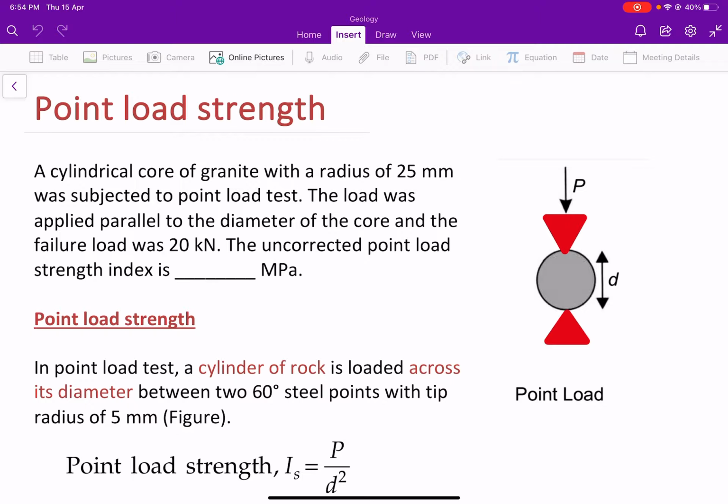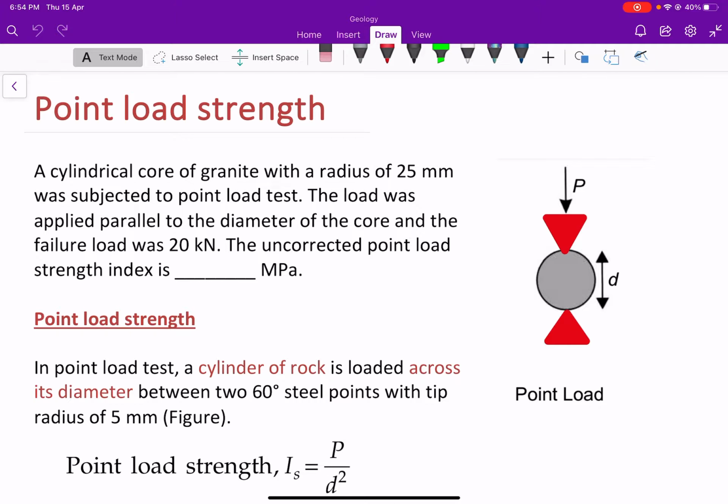In this video, we will learn the concept of point load strength. We will learn the concept through a numerical. The numerical is: a cylindrical core of granite with a radius of 25 millimeter was subjected to the point load test.